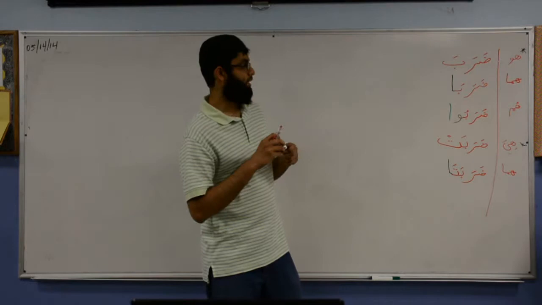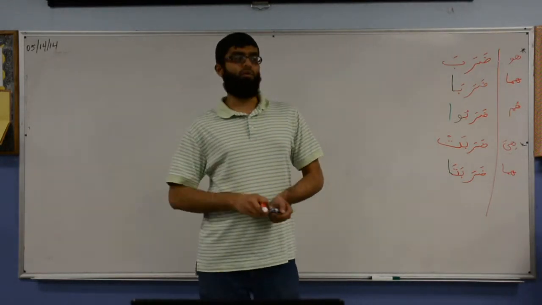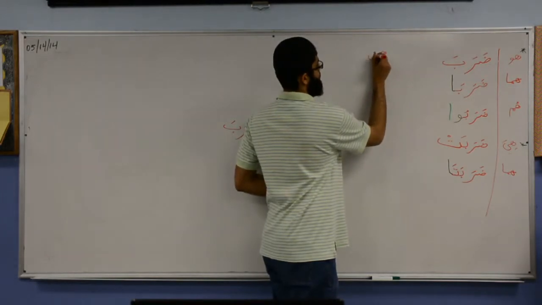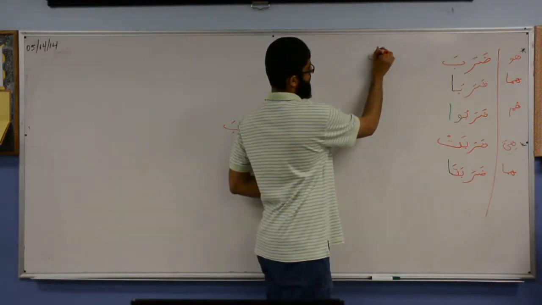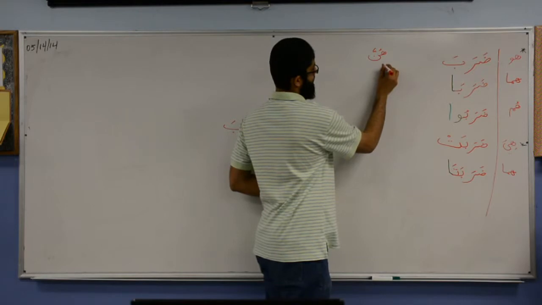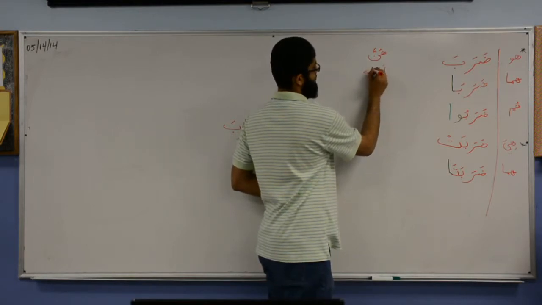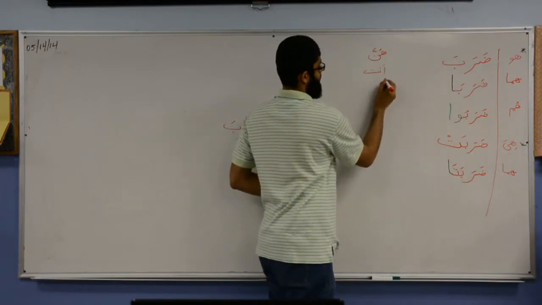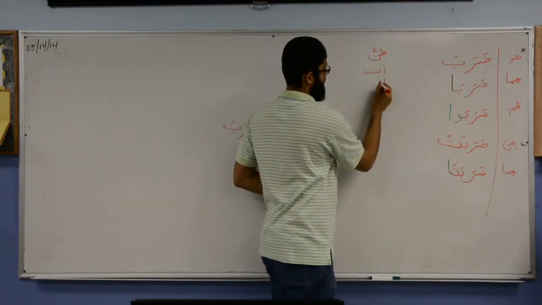Then we get to the hunna. And when we get to the hunna, what changes? The sukoon, right? What gets a sukoon? The lam kalima, the last root gets a sukoon. So I'm going to write all these down.